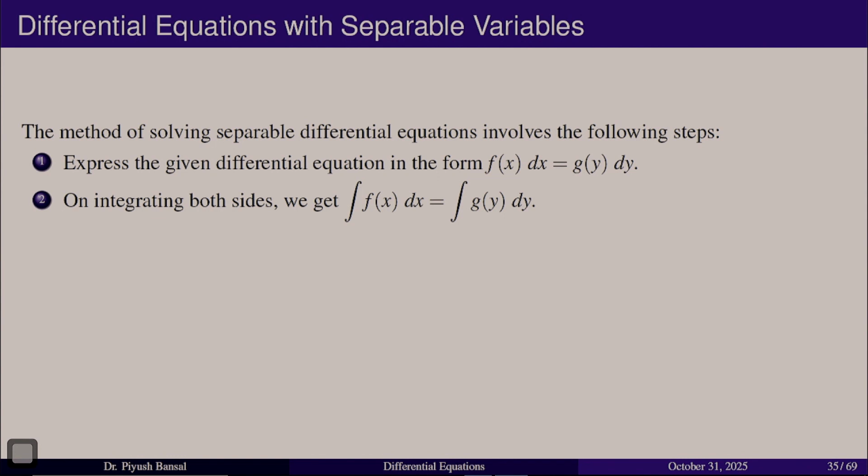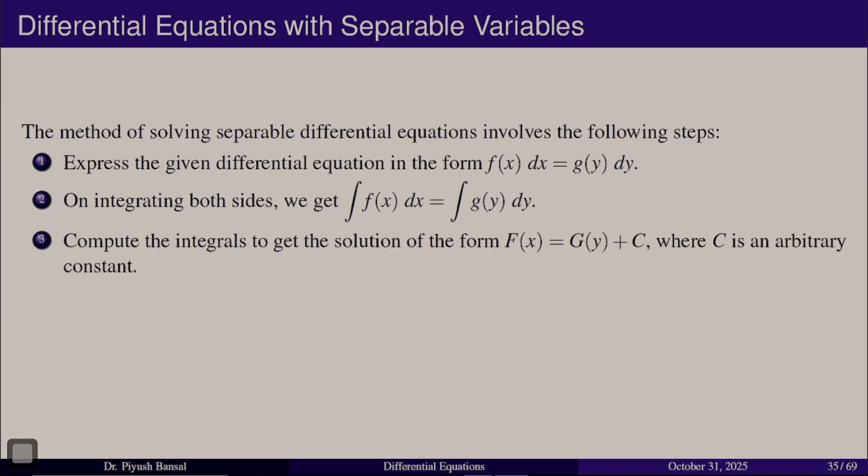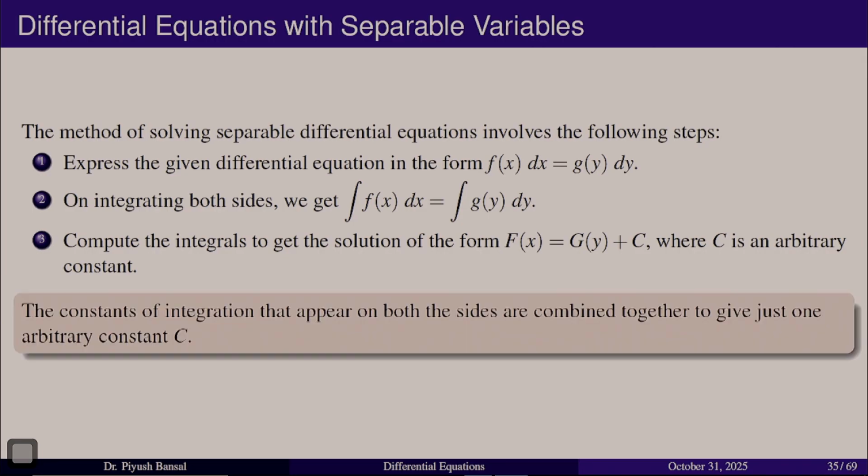When you integrate the left side, we get a constant, and when you integrate the right side with respect to y, again you get a constant of integration. We can club both constants to get a solution of the form f(x) = g(y) + c.